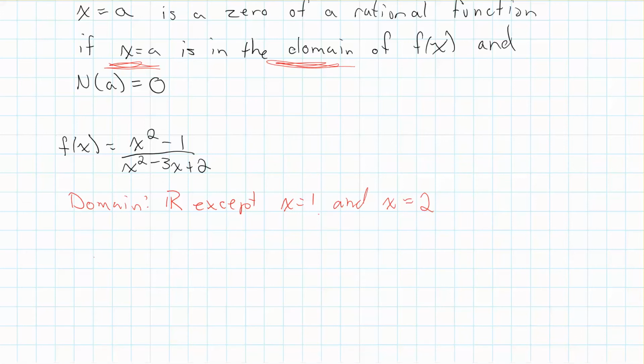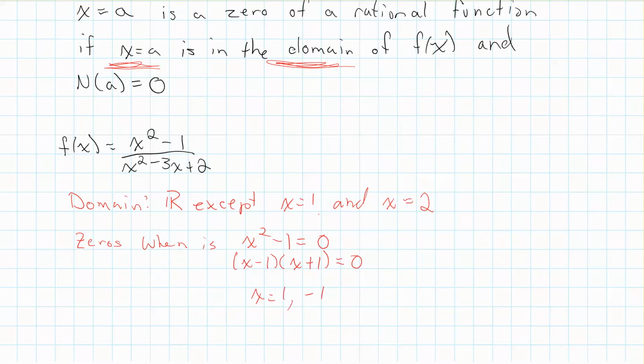Now we want to find the zeros. So we want to know when is x squared minus 1 equal to 0. Now this is a pretty easy one. This is just x minus 1 times x plus 1 equals 0. So we get x is equal to 1 and negative 1.